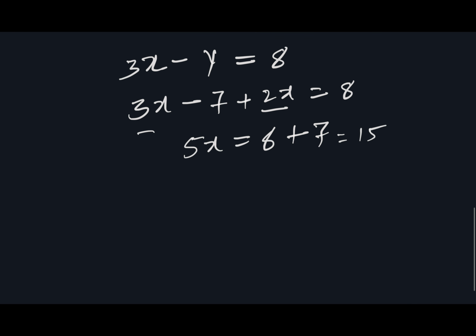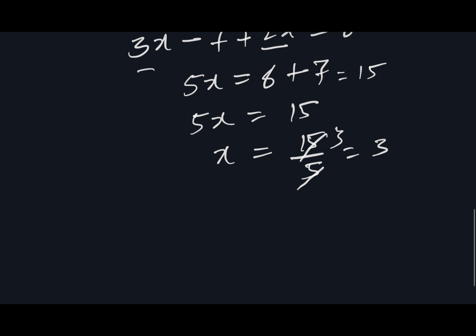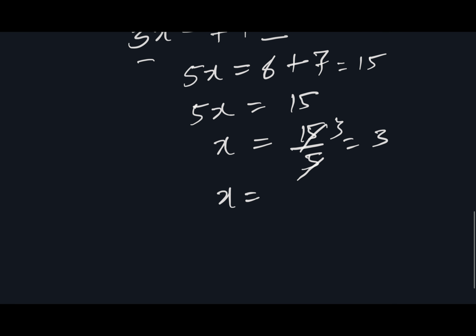So 5x is equal to 15. If we solve it again, x becomes 15 by 5, which is 3. So we get the value of x is equal to 3.